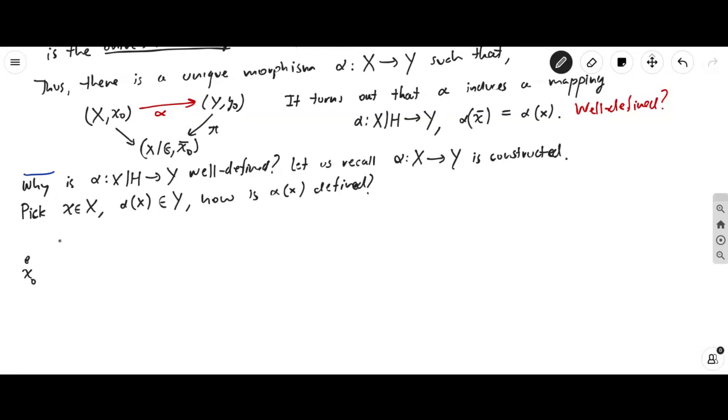x0 in the space, and then we have this x. And we're just going to pick a path. Let's call this path fx, right? So this is what we do. We pick a path fx, and this is a path in X from the initial point to x. And then what do we do with the path? Then we project.